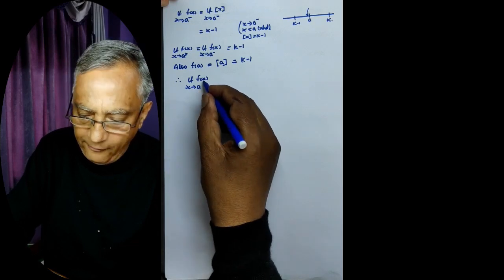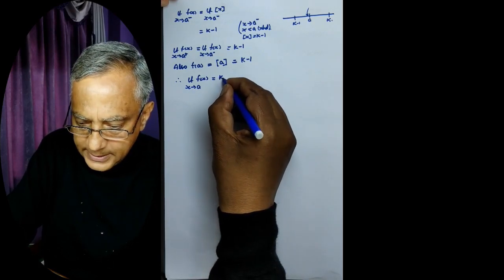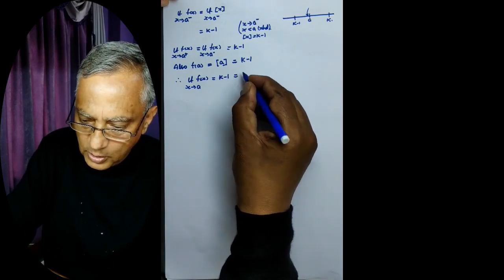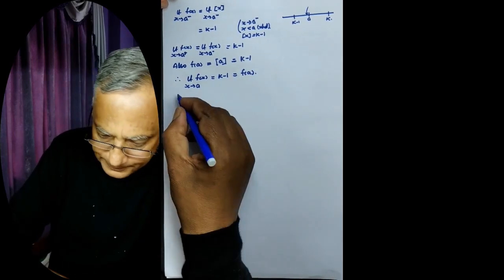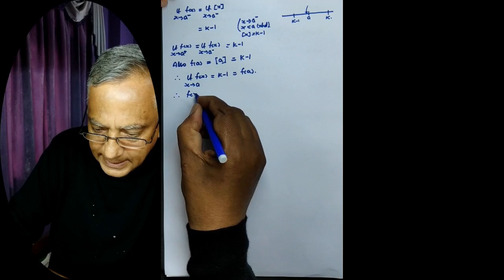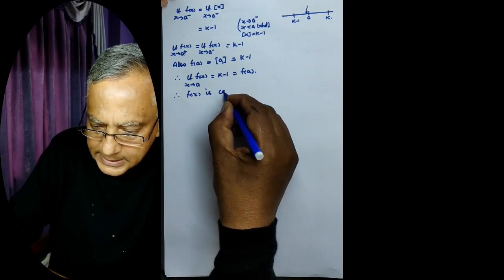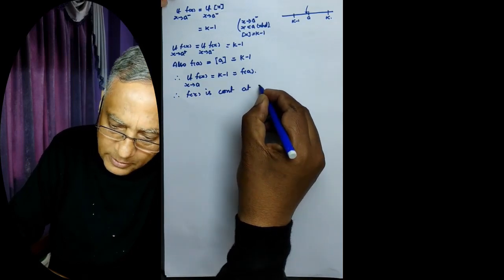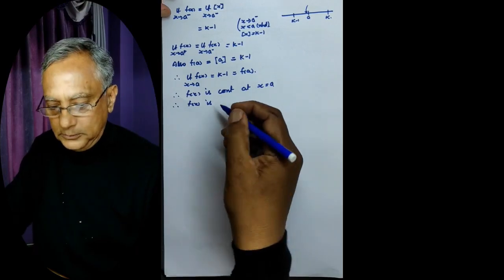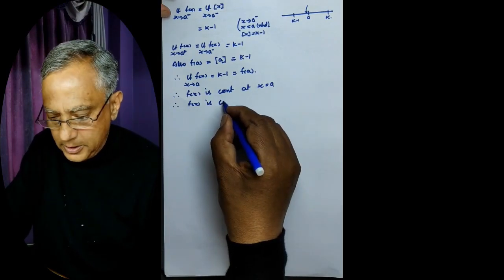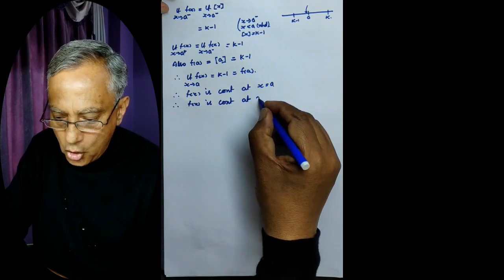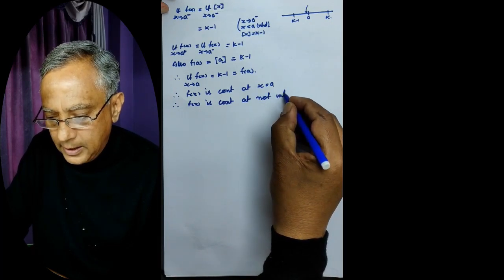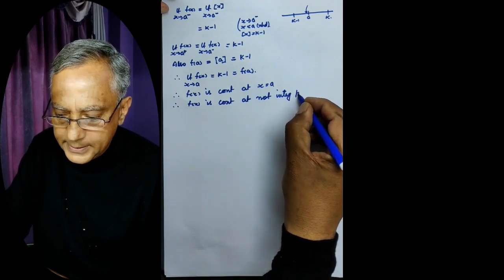Therefore, limit x approaches a f(x) is equal to k minus 1, and this is equal to the value of the function at the point a. Therefore, f(x) is continuous at x equal to a. Therefore, f(x) is continuous at non-integral points.